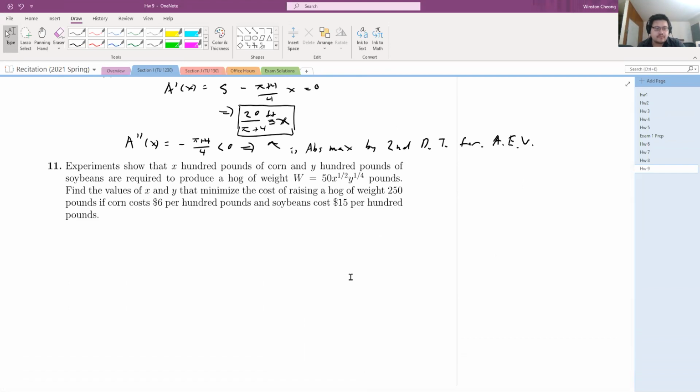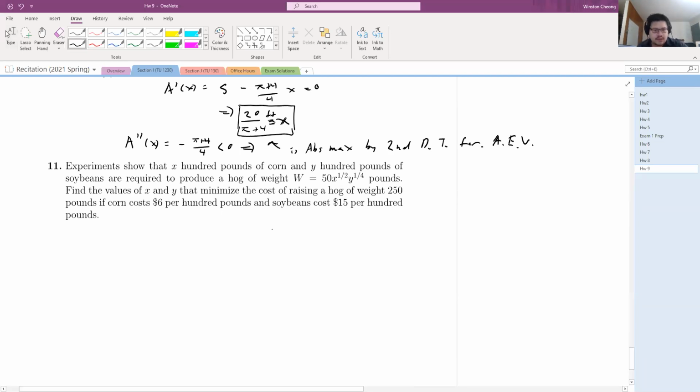So the weight is given by some formula here. We want to find the values that minimize the cost of raising a hog of this weight. Okay, so that's W. If corn costs 6 and... minimize the cost.